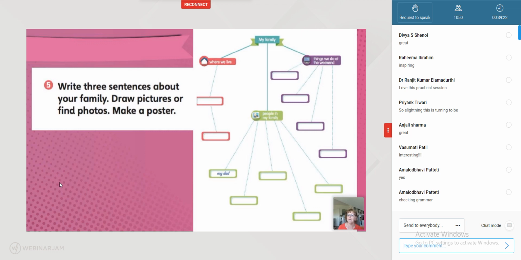Okay, and then again, they could obviously share their mind maps and their posters with their classmates and with their family, and show them, look what I've made about us.